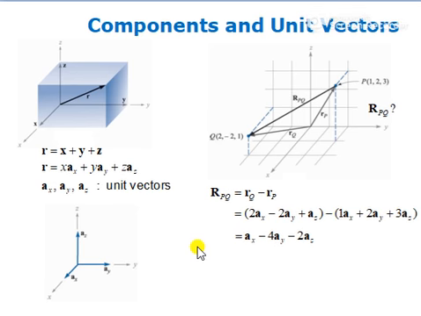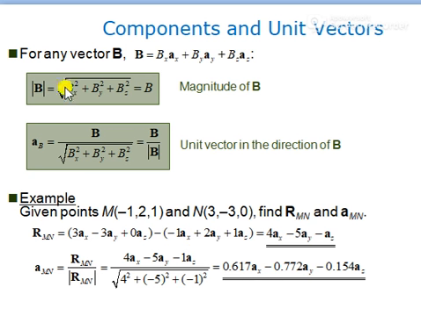Now again we will continue. If a vector is given, I want to know its magnitude. So the modulus of that vector is the root of the squares of the components of that vector. So what are the components here? Bx, by and bz. So bx square plus by square plus bz square, under the root, is equal to b.